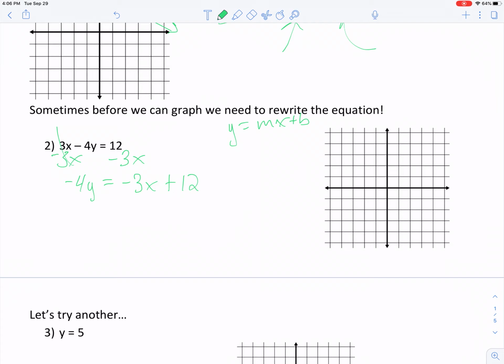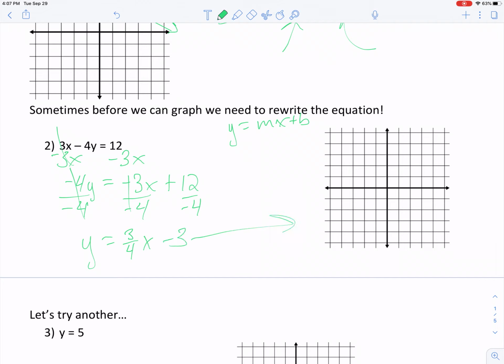It's just not how you're going to want to view your answer. Okay, I still have a negative 4 connected to the y, so let's divide that away. And yes, you're going to divide everything on the right, and one way you can do that is by writing it like this. But instead of making it one giant division, I want you to individualize everything like that. So now I have y equals negative divided by negative makes a positive, and just leave that as a fraction 3/4 x. And 12 divided by negative 4 is a negative 3.